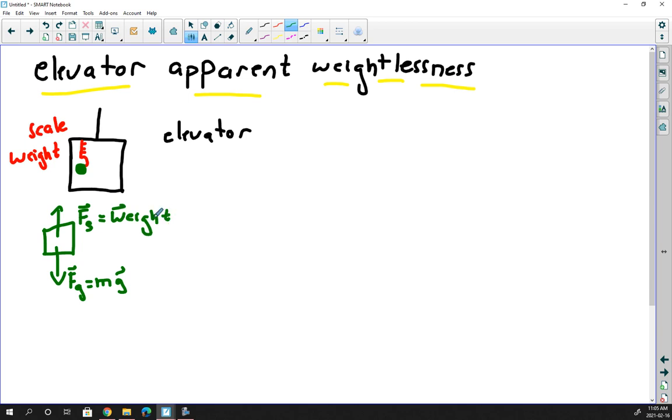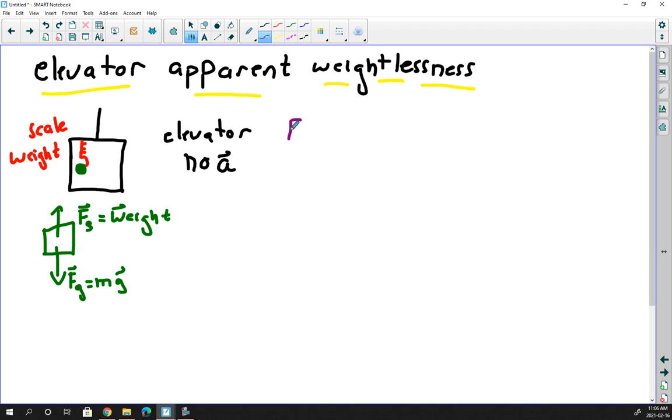Okay? So let's assume in the first situation that the elevator is moving upward or downward or standing still. It doesn't really matter. Let's just declare that it has no acceleration. So it's got a constant velocity. Could be zero, could be upward, could be downward, doesn't matter.